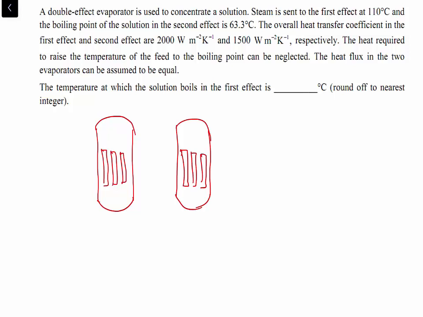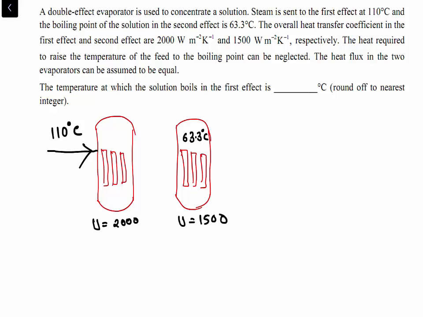Here some steam is going in. It is given that the steam is sent at 110 degrees centigrade, and the boiling point of the solution in the second effect is 63.3 degrees centigrade. The overall heat transfer coefficient in the first effect is U equals 2000, and in the second effect U is 1500.